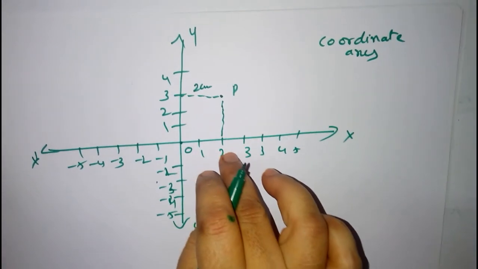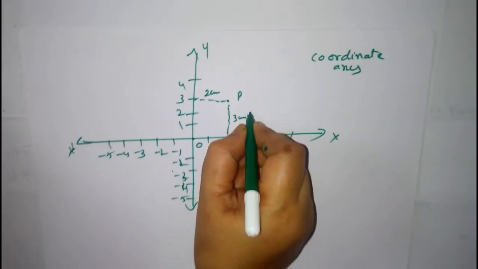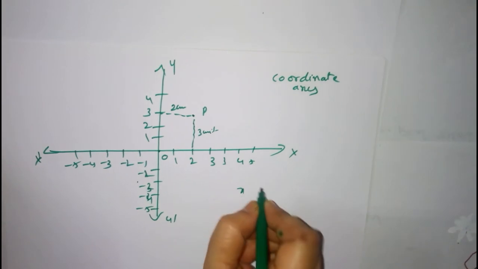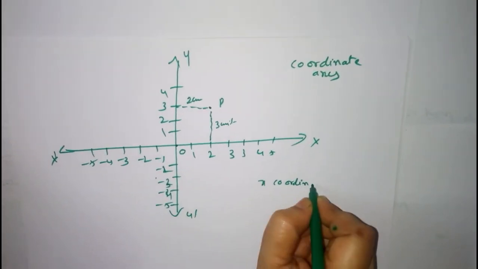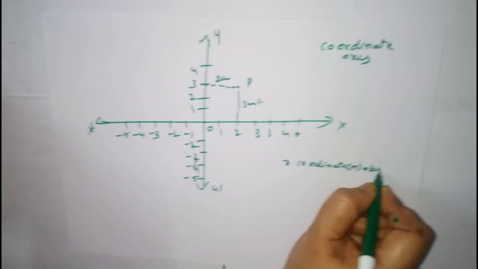The distance from the x-axis to this point is 3 units. So the distance from the y-axis to the point is called the x-coordinate, or abscissa.